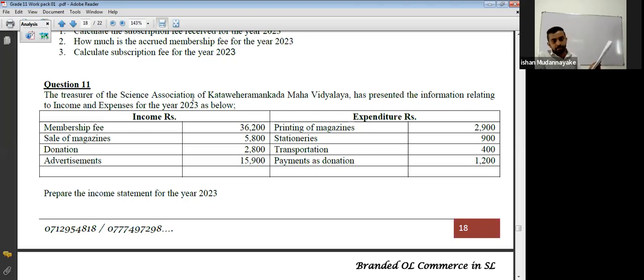Here, I have directly given income and expenses. No need to identify whether it is income or expenses. On one side income, on the other side expenses. Directly you can calculate surplus or deficit by deducting expenses from income.